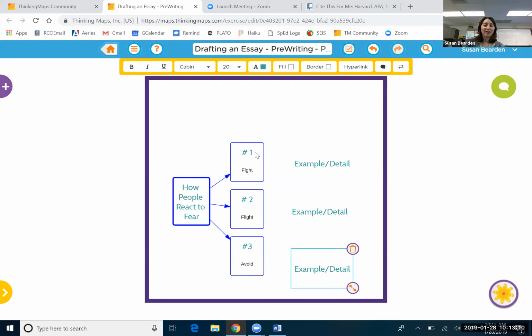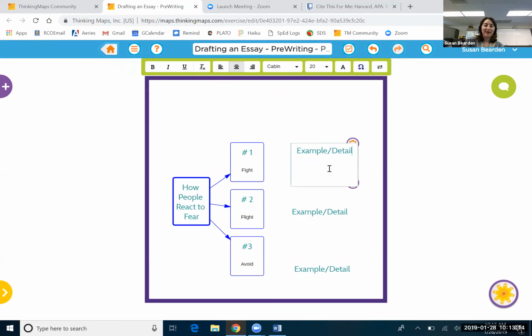But for each one, I want to have at least one example or detail. So on my map, I had kind of already given some of that for each of these. Let's see. So for fighting, an example of fighting, I'm going to put Malala's response to the Taliban shooting.